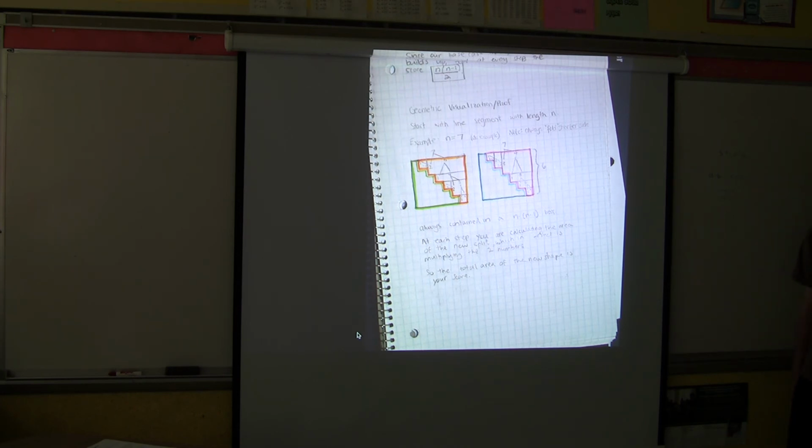We know it's going to be contained in an n by n minus 1 box, and if we prove that it's always going to be a staircase going 1, 1, 1, 1, then we know that it's always going to be n times n minus 1 over 2. We know it's always going to be a staircase of 1s because we have to keep on splitting it until it is 1 by 1 by 1. Otherwise, if it's not 1 by 1 by 1, you have to keep on splitting it until you get to that point.